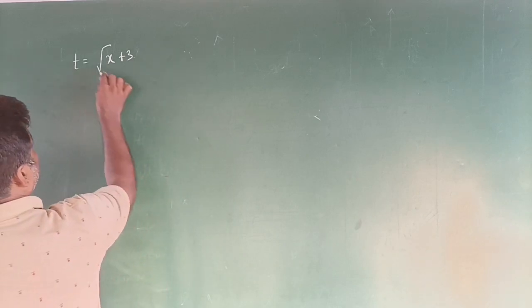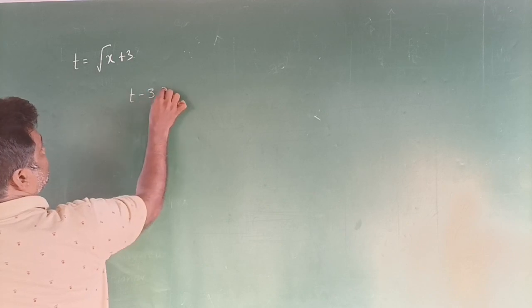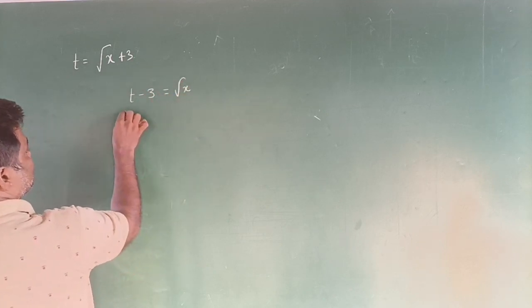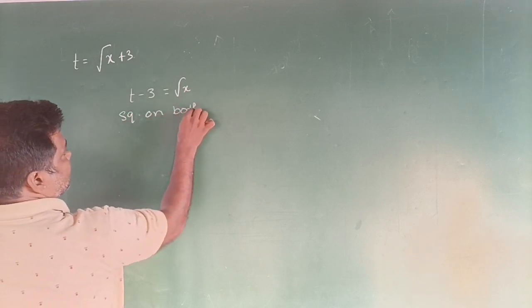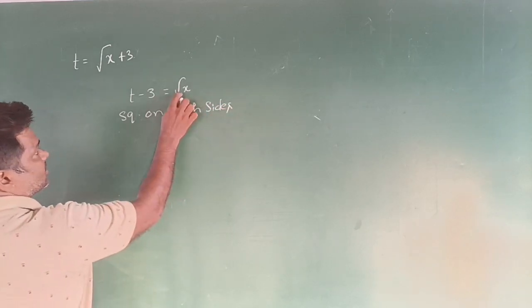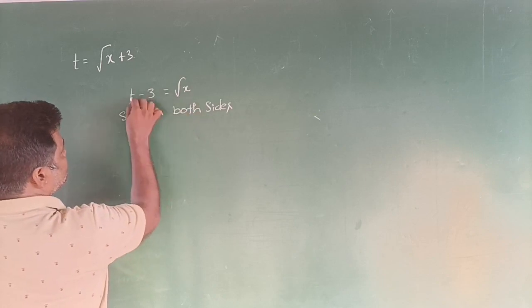First, do one thing: bring this 3 on the left hand side, t minus 3 you will get. This will be equal to root x. Now squaring on both sides, this root symbol changes into a square symbol.